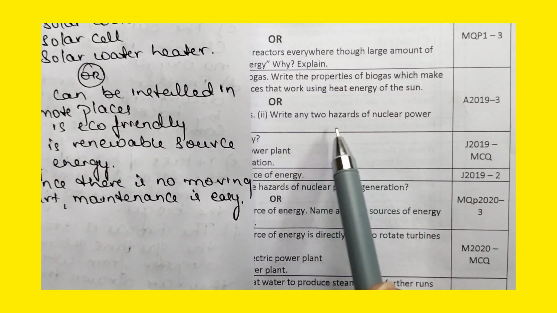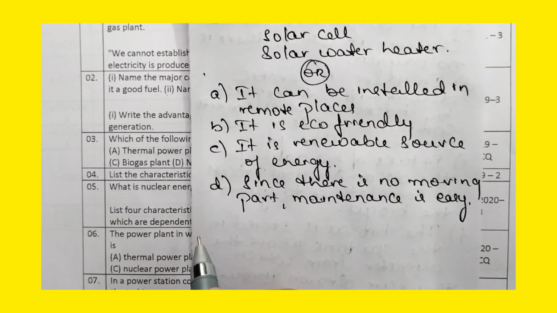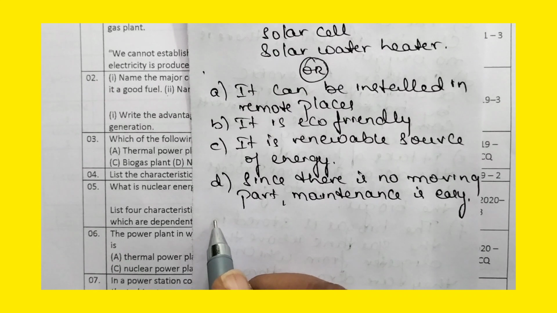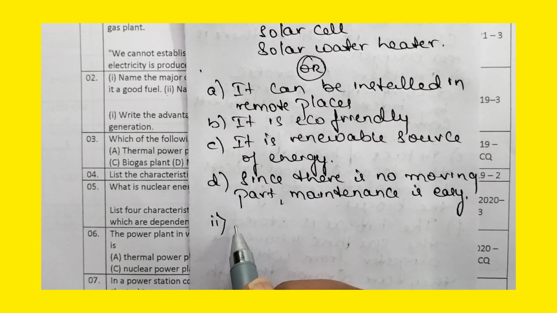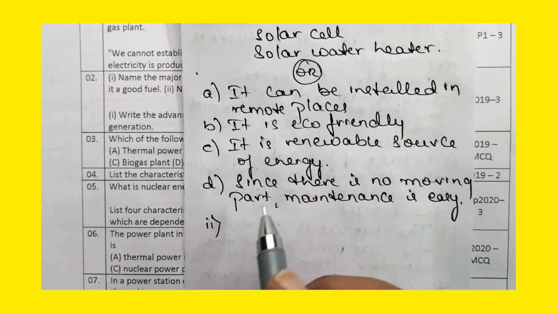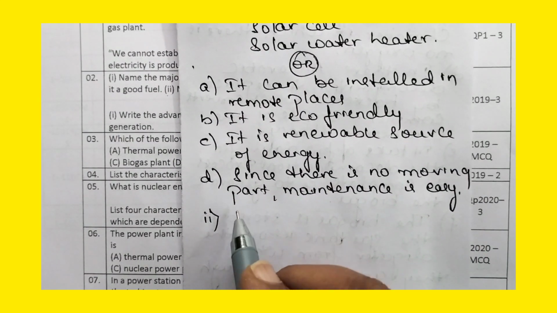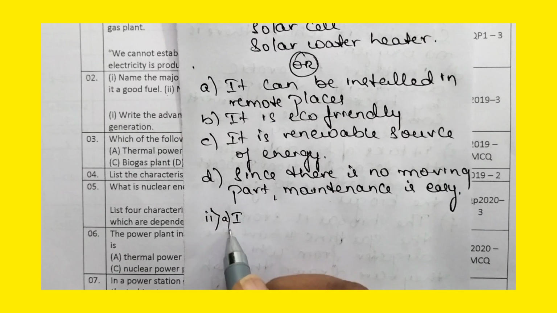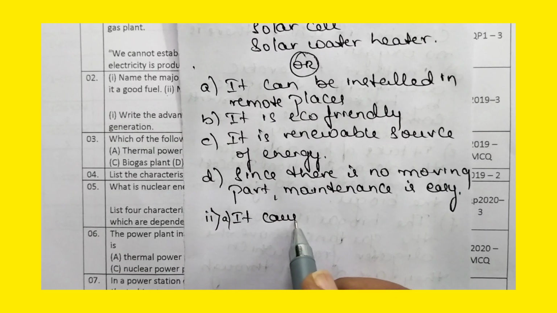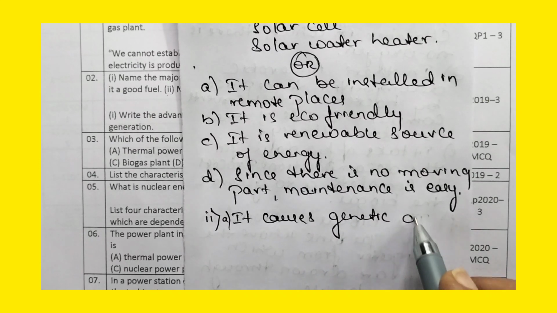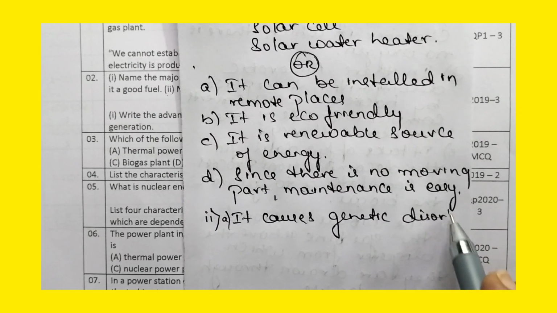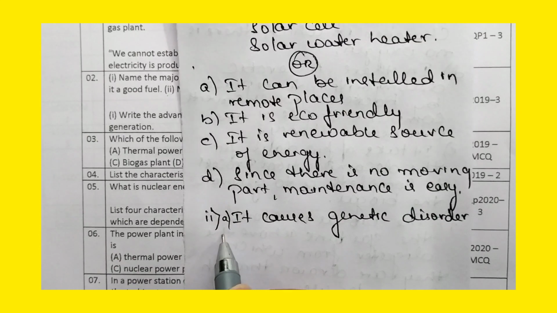Next, write any two hazards of nuclear power generation. First point, it causes genetic disorder. If there is any radiation pollution, it causes genetic disorder.